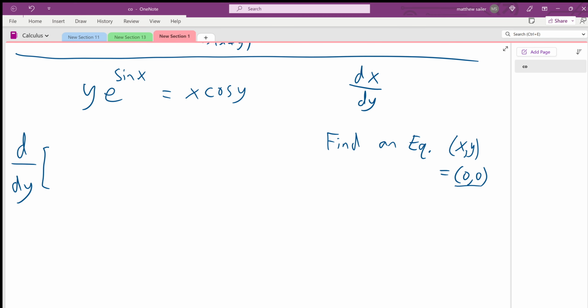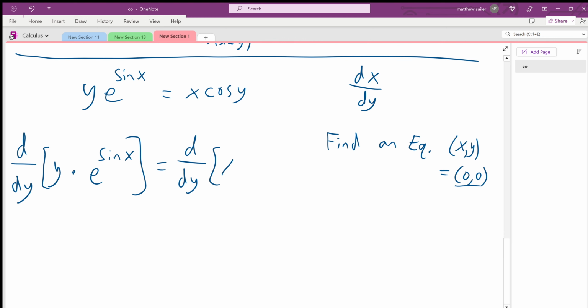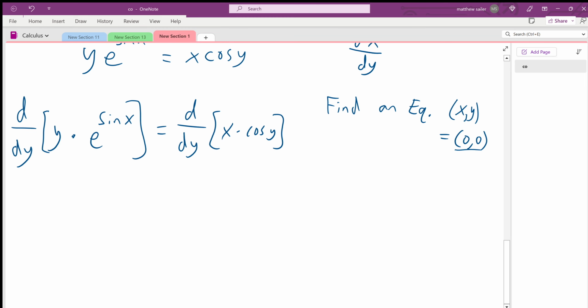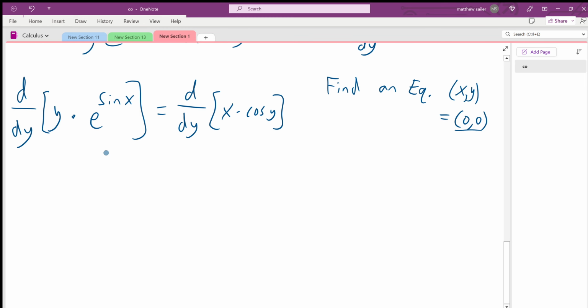So the derivative with respect to y of the left-hand side is a product, so we're going to have to use the product rule again. And so is the right-hand side, actually. X times cosine of y. Alright, so we're taking the derivative with respect to y. On the left-hand side, we'll do the product rule, so we have the first times the derivative of the second.